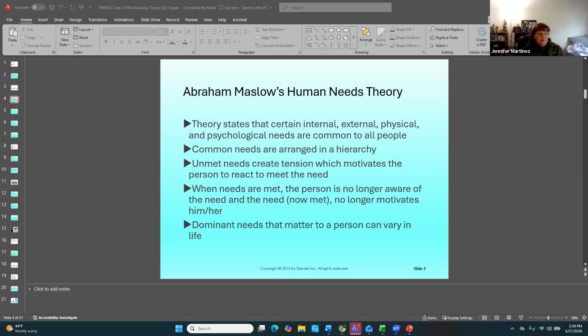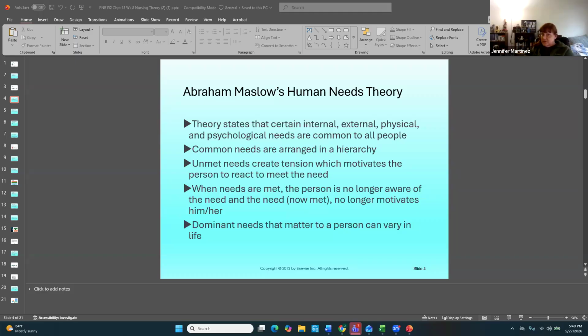So if I'm not breathing very well, or I'm not able to perfuse very well, that's going to create tension. It's going to motivate a person to either get help or improve their oxygenation. Same thing with food and water, right? You don't have ready access to food and water, that's going to create tension.